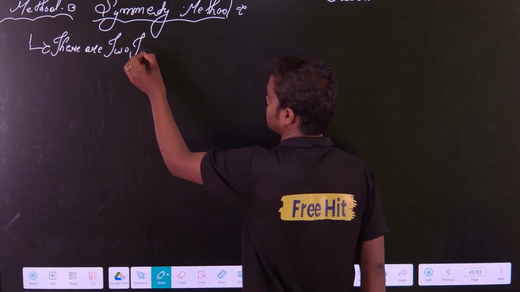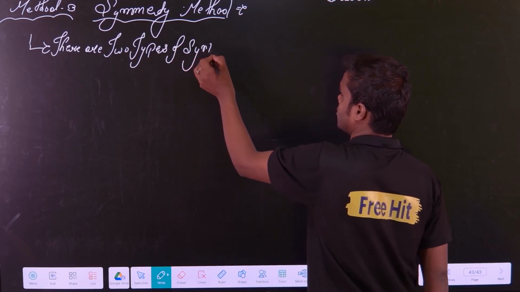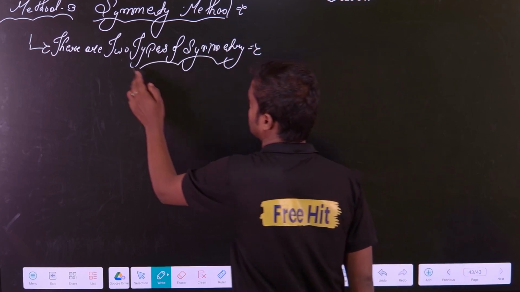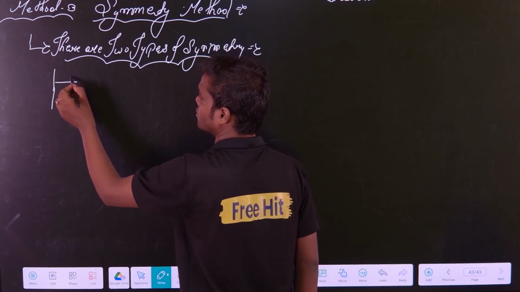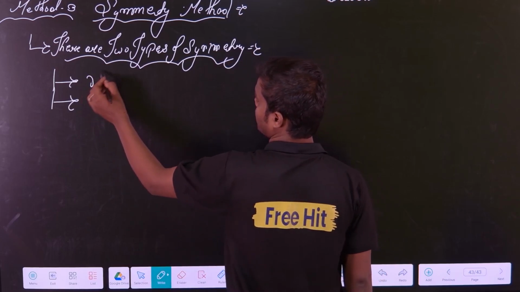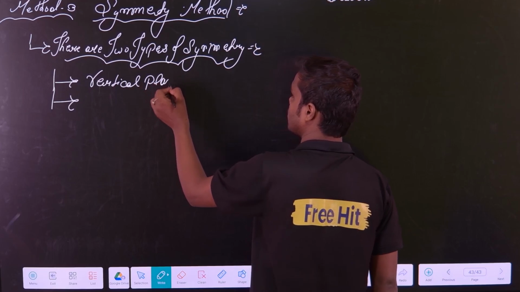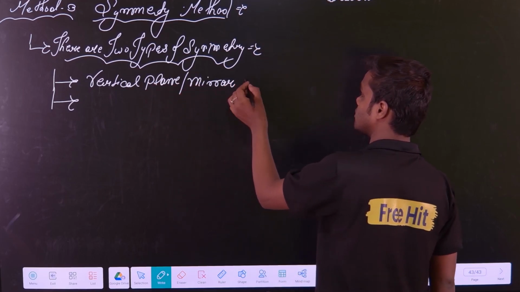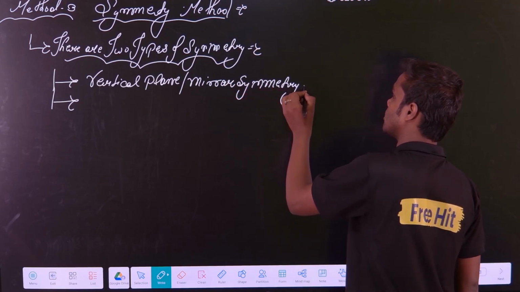What are those two types of symmetries? The first one is called vertical symmetry, or you can say vertical plane symmetry, or vertical mirror symmetry, whatever name you want to call it, it doesn't matter. Basically the name is not important, the method is important.